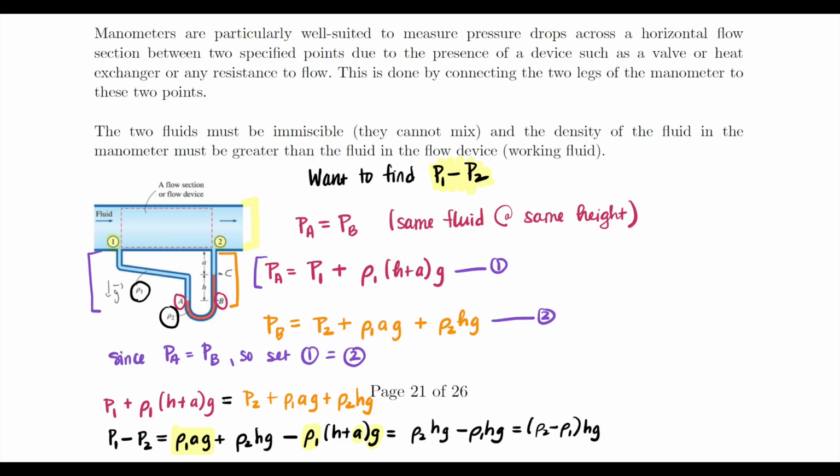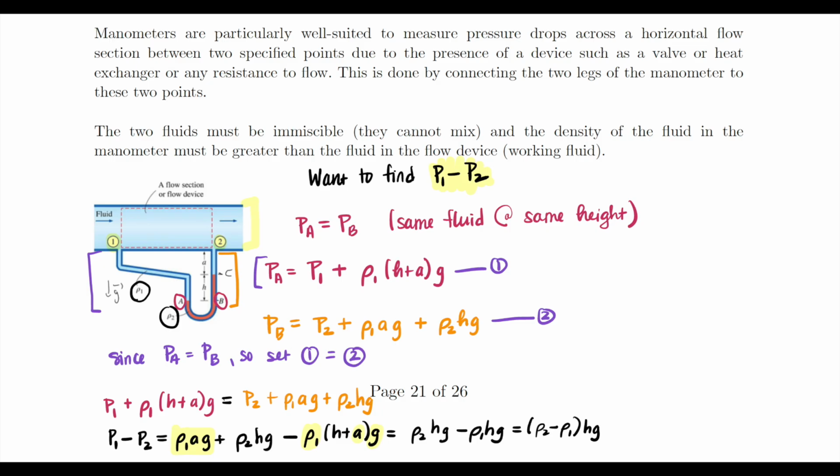So we already know that PA equals PB. So I'm going to just equate 1 and 2. I'm going to set number 1 and number 2 equal to each other. And I have P1 plus rho 1 H plus A times G is equal to P2 plus rho 1 AG plus rho 2 HG.